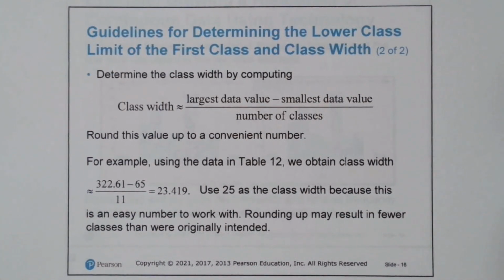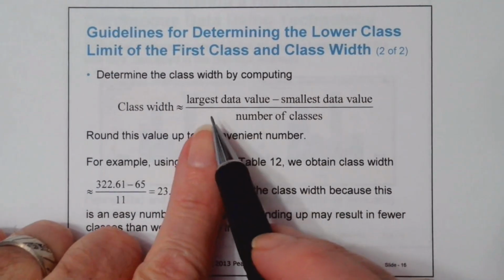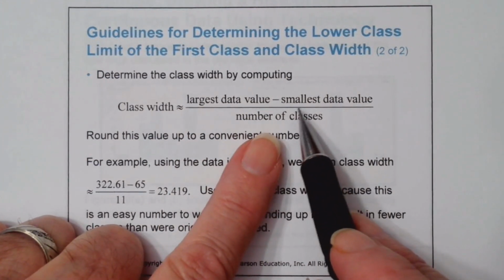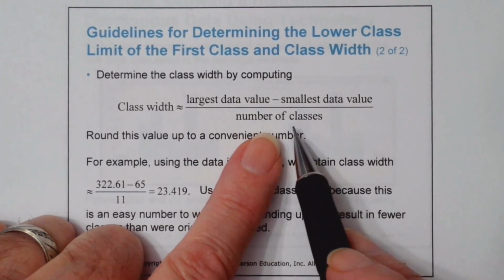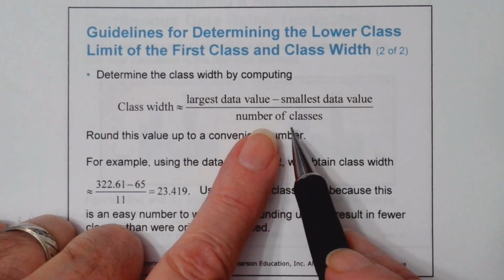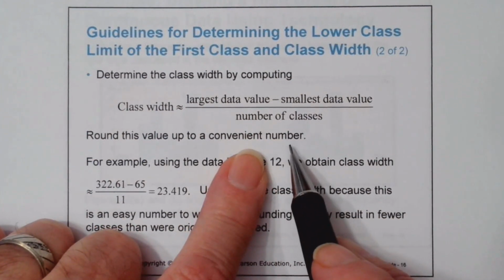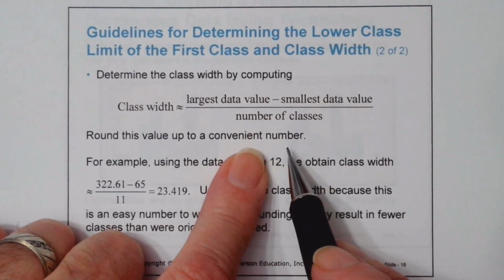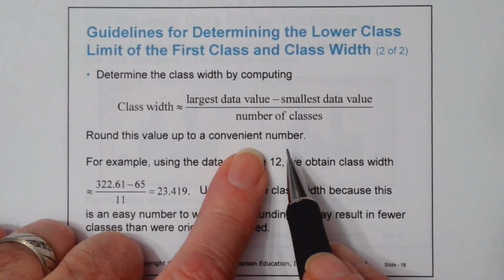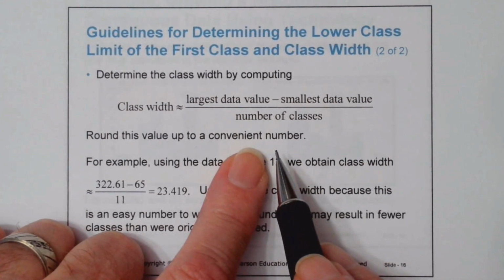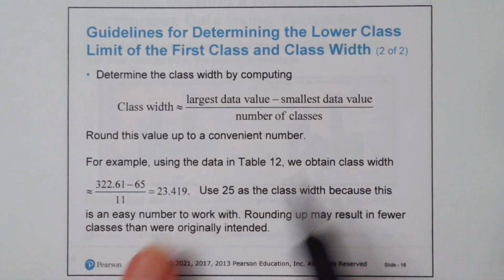Basically, you subtract your smallest data value from your largest data value, divide that by the number of classes that you want to have, and then round this up to a convenient number. That's a guideline for finding the class width.